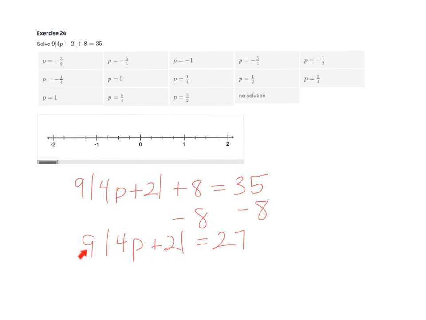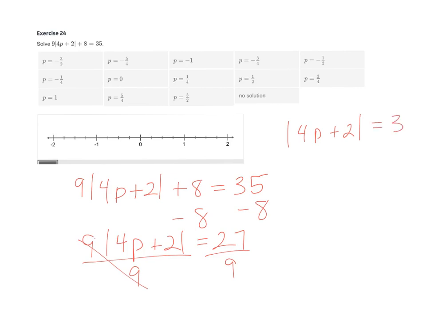Now, instead of multiplying by 9, we're going to do the inverse. We're going to divide both sides by 9. Now I've got the absolute value of 4p plus 2 is equal to 27 divided by 9, which is 3.